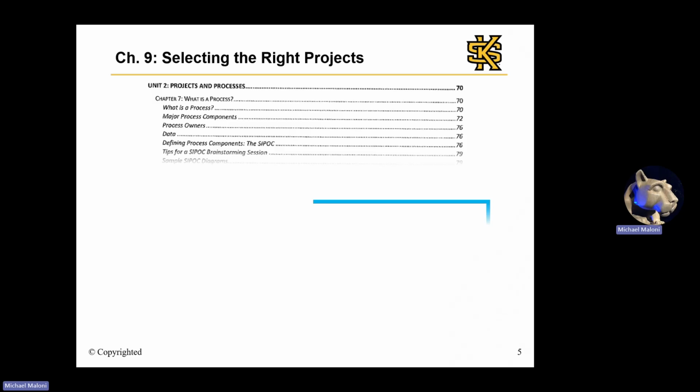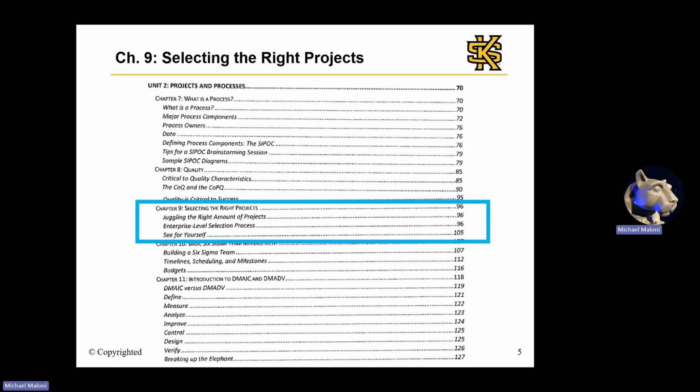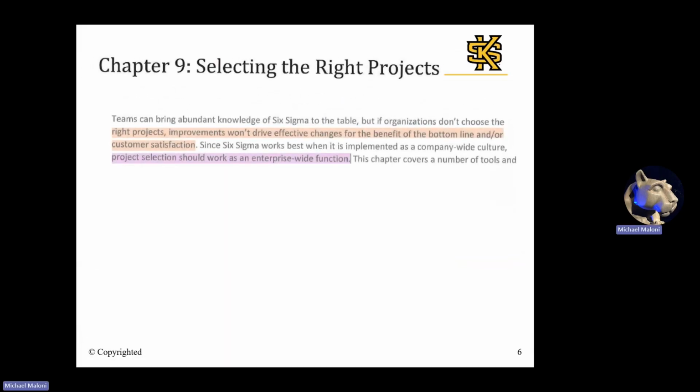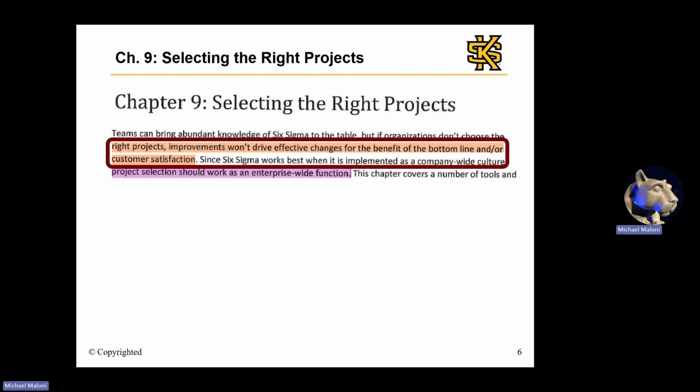The next chapter considers how to select the right process improvement projects, including criteria and the project viability model. To start, selecting the right projects is critical to ensure effective change, including improvements to customer satisfaction and organizational performance.